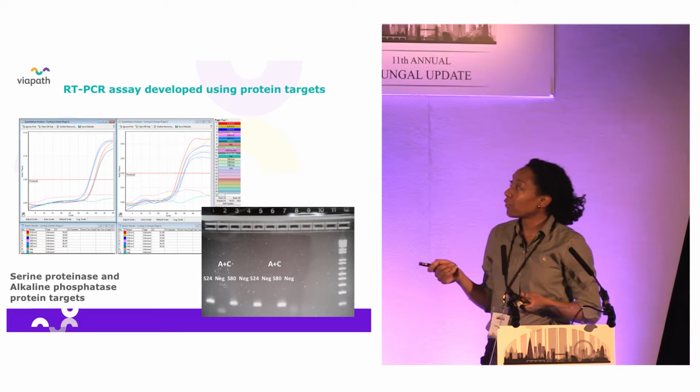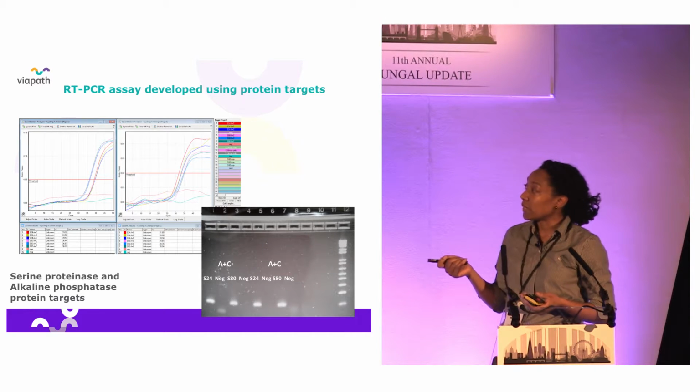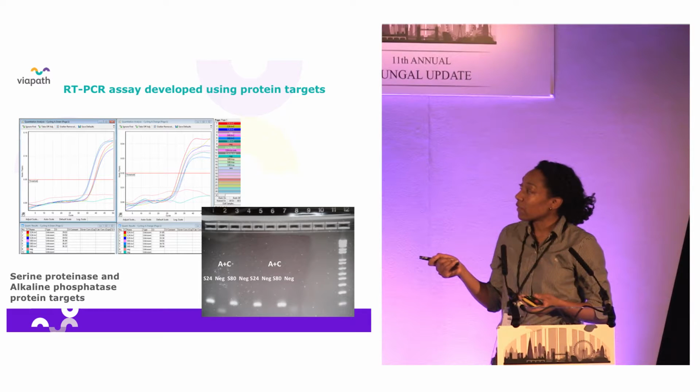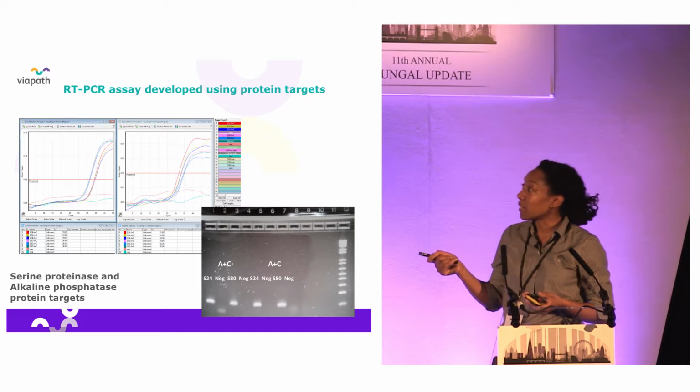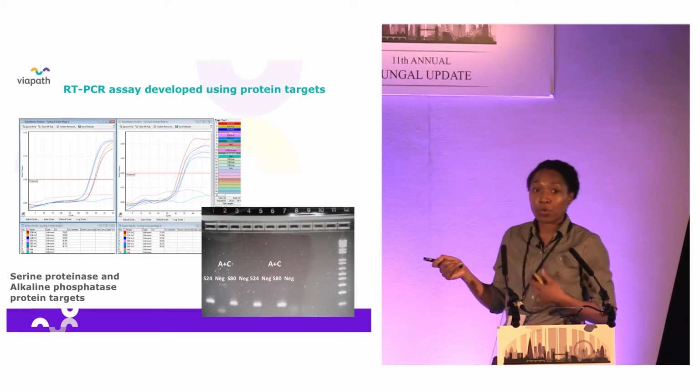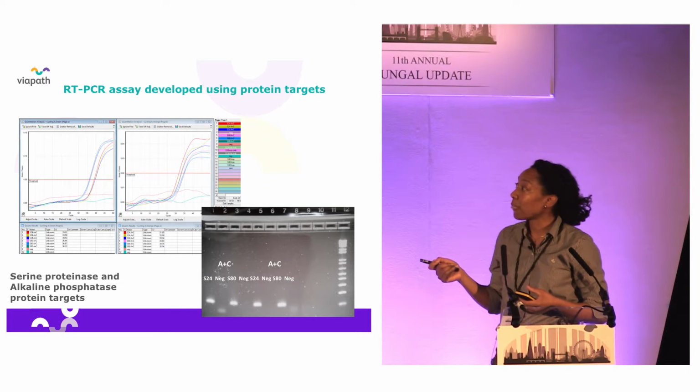Now, for those of you less familiar with real-time PCR, I just want to point out that on the x-axis are the number of cycles of amplification, and ordinarily that would only go up to 40, but I've chosen to go up to 50 cycles. And on the y-axis is the fluorescent signal emitted from the probe that's in the reaction.